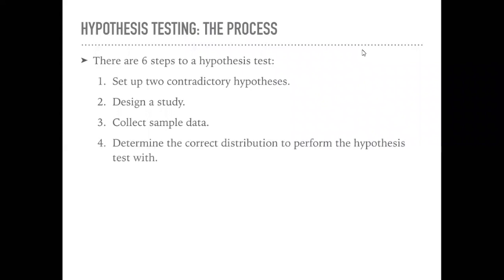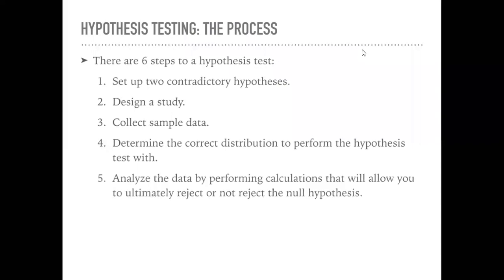Step 4, you're determining which distribution is the correct distribution for performing your hypothesis test. And so right now we have our student t distribution and we have our standard normal distribution. Those are our only choices. In later chapters, as we continue to do hypothesis testing, we will see that there are other options that we might use, but for now we just have those 2 distributions to choose between.